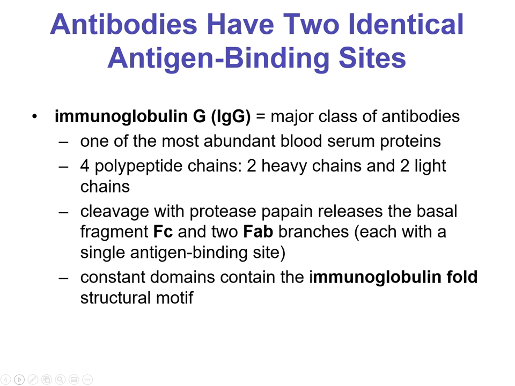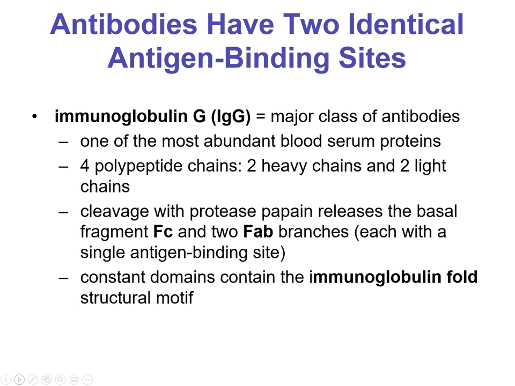One of the major classes is antibodies, and a major class of antibodies is immunoglobulin G, or IgG. It's one of the most abundant ones in the blood. It's got 4 polypeptide chains, 2 heavy and 2 light chains.